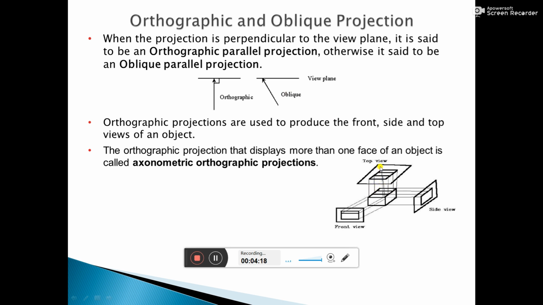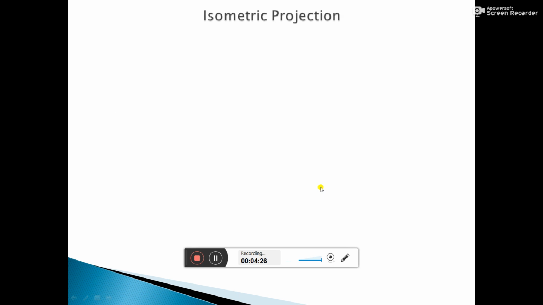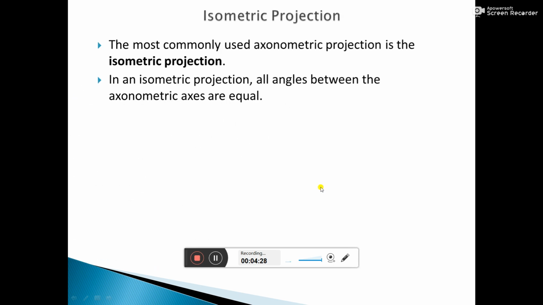It produces more than one view: top view, front view, side view. So this is called axonometric orthographic projection. There is one special type of projection, isometric, that comes under axonometric projection. In isometric projection, all angles between the axes are equal. See this diagram.